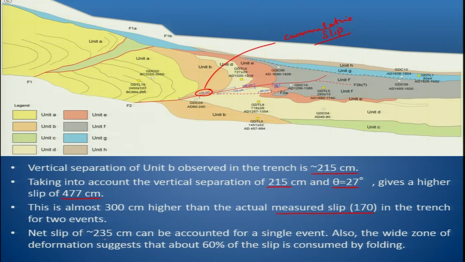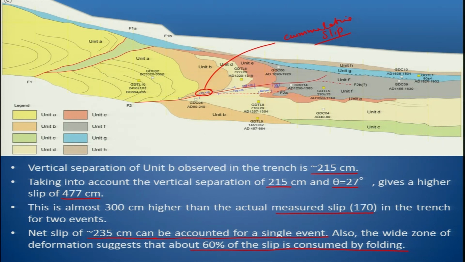So the net slip of approximately 235 centimeter can be accounted for a single event, because if we take this as the two-event slip, then for a single event it will be around 235. Also, the wide zone of deformation suggests that 60% of slip is consumed in folding, because we are unable to see this slip in the trench.